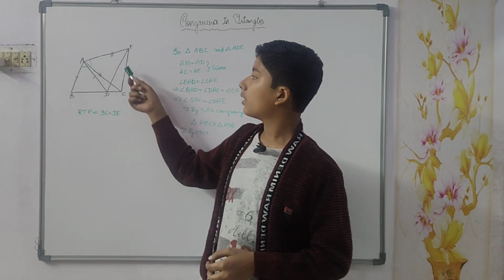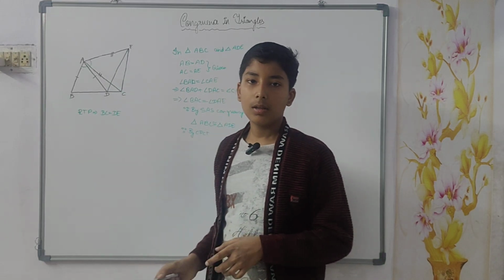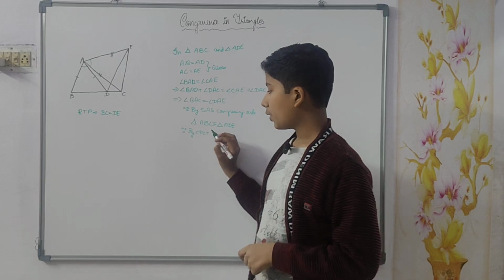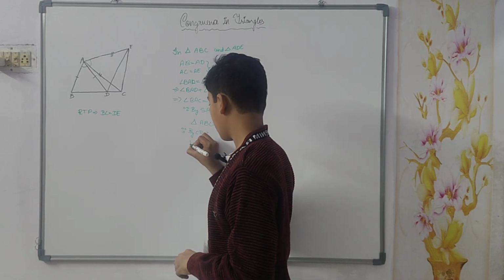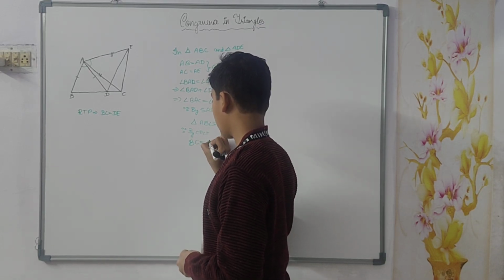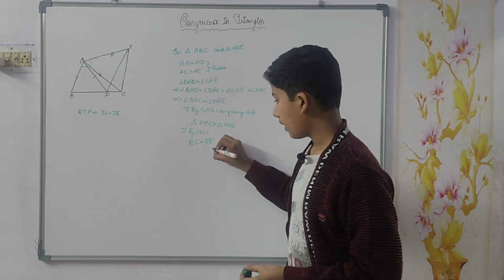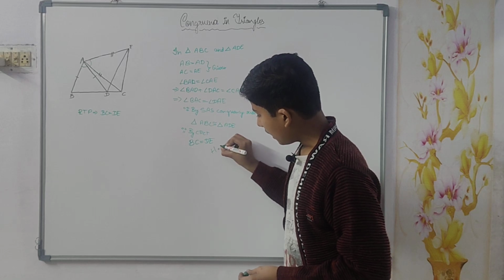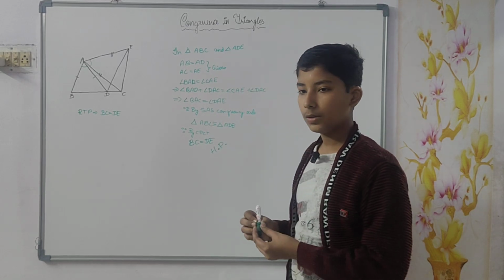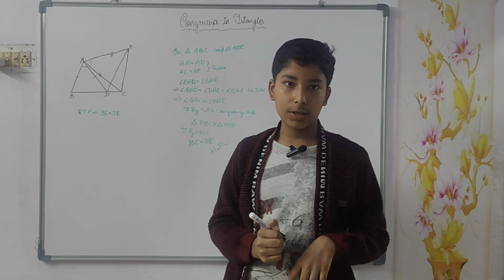So this side will overlap this one. Therefore, by corresponding parts of congruent triangles, BC equal to DE. And at the side you will write hence proved. Now let's come to our next question.